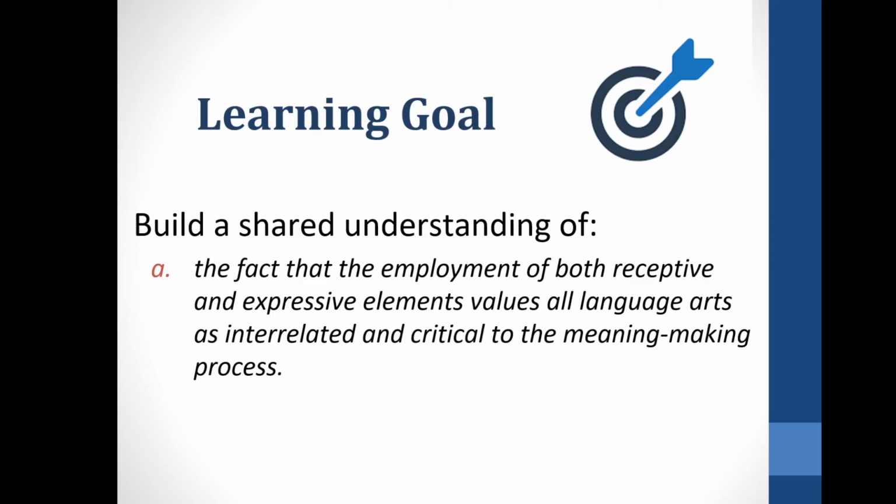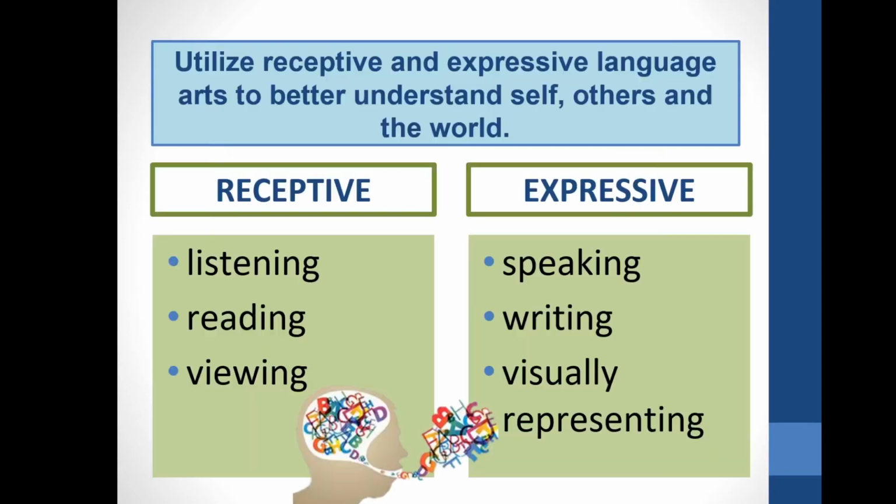So what we're trying to do with this practice is how do you get kids to think deeply using receptive and expressive elements so that it prepares them to gather the evidence, the facts they need, the information they need in order to write a written response.